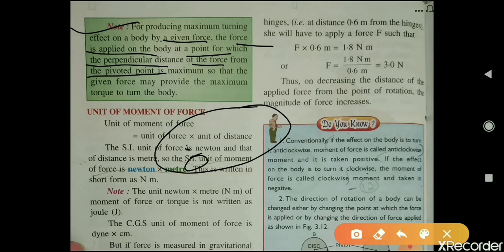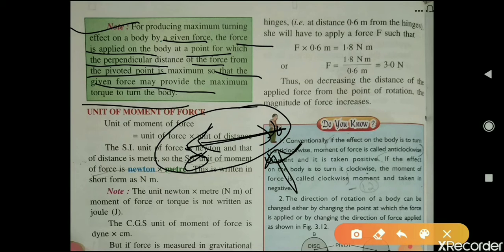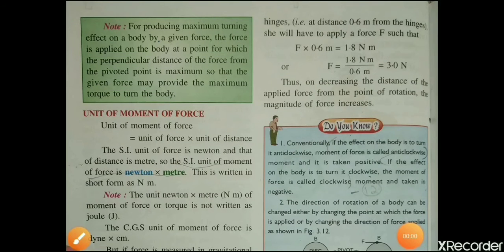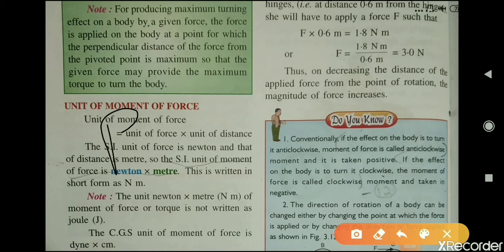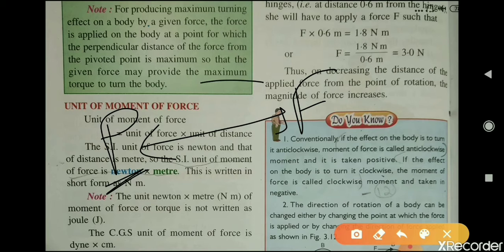Suppose this is a pivoted point O and the force is applied at this point, so that if the distance between the pivoted point and where the force is applied is maximum, we will get the maximum turning effect, so that the given force may provide the maximum torque to turn the body. So what we understood from here is that if the distance between the pivoted point and the force is maximum, we will get the maximum torque to turn the body, means we will get the maximum turning effect.